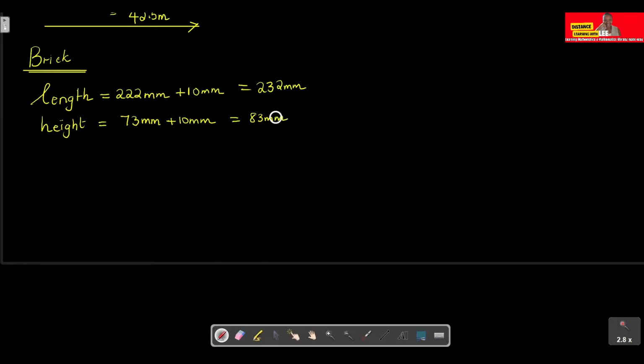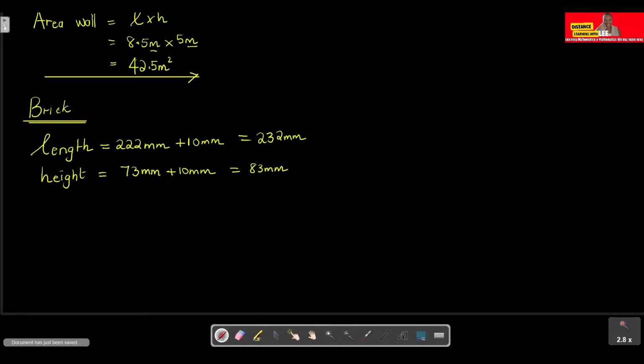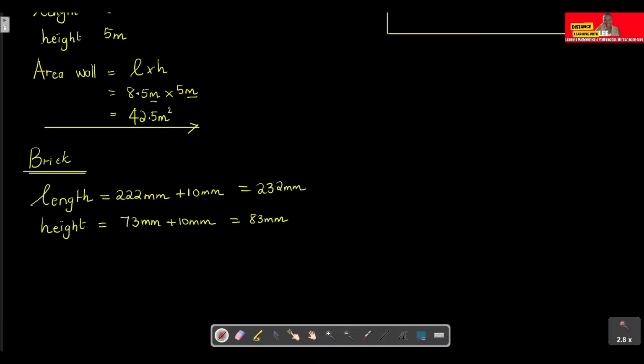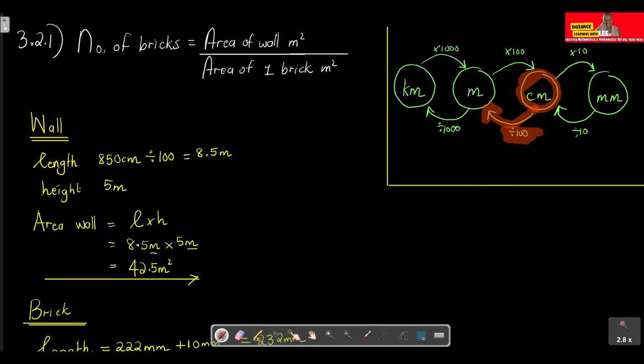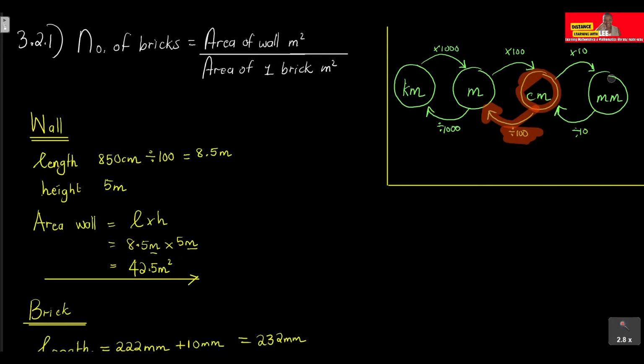However, guys, remember we want the area of one brick in meters squared. That means we now need to convert these units of millimeters into meters. So we're going to go back to this diagram that I have for you here. How are we going to move from millimeters to meters? We're going to move from the right all the way to the left.